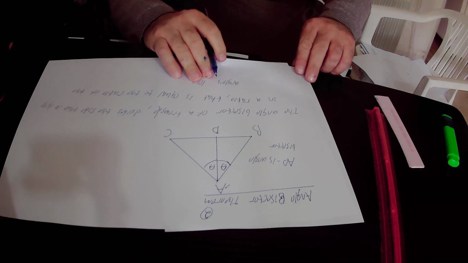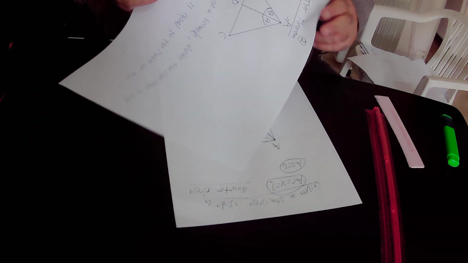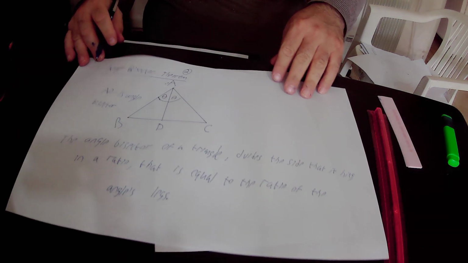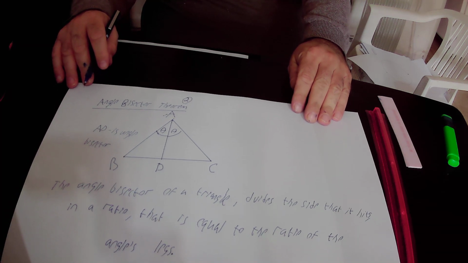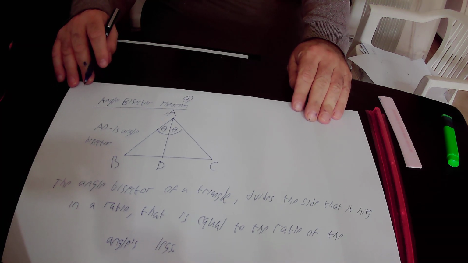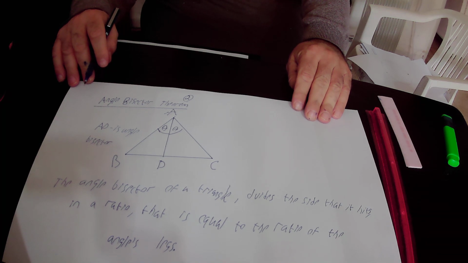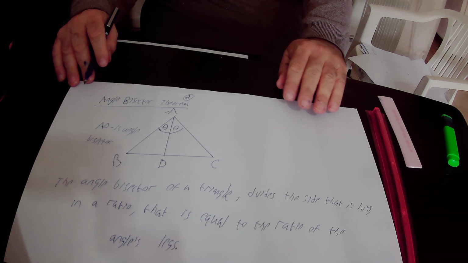So I read the angle bisector theorem again. According to the angle bisector theorem, the angle bisector of a triangle divides the side that it hits in a ratio that is equal to the ratio of the angle's legs.